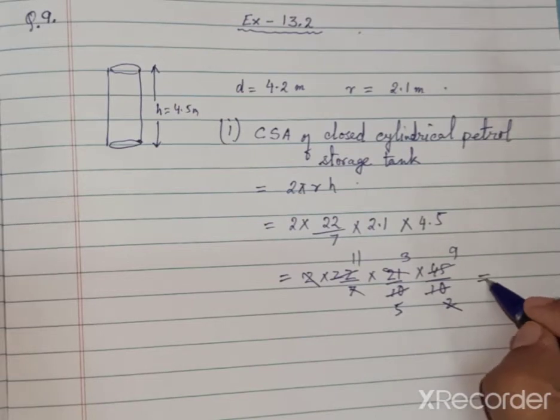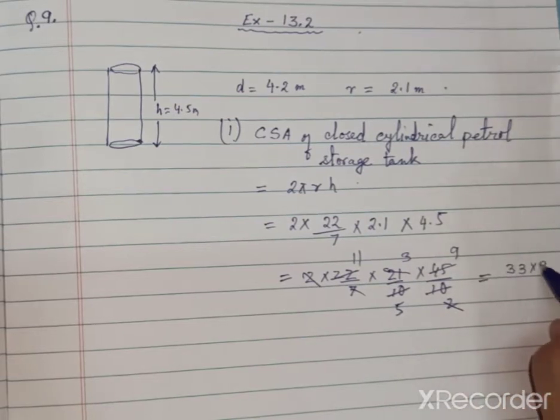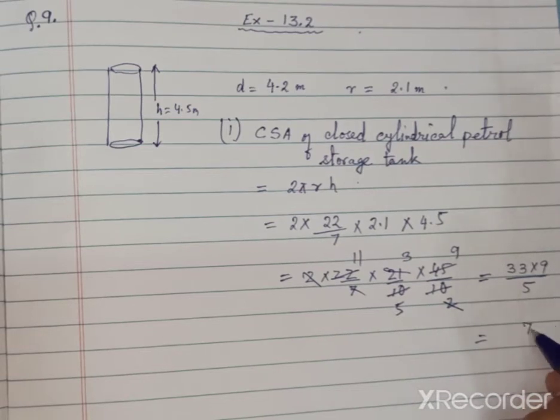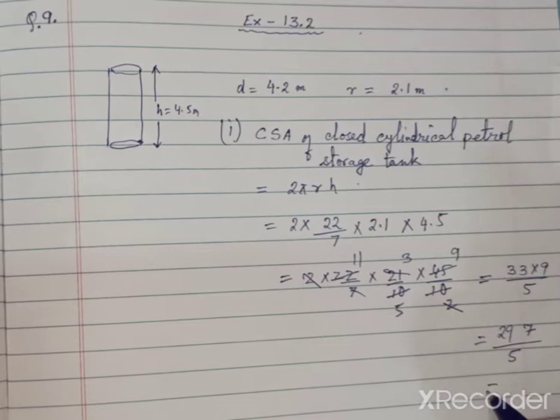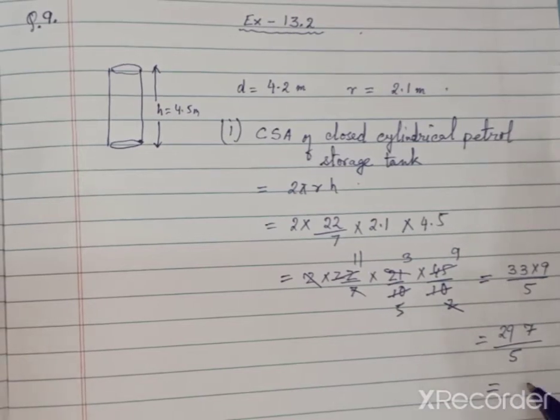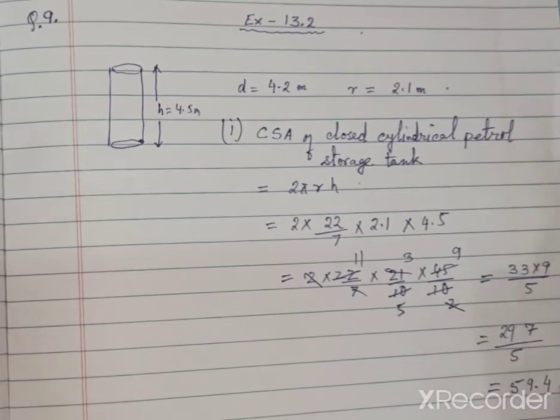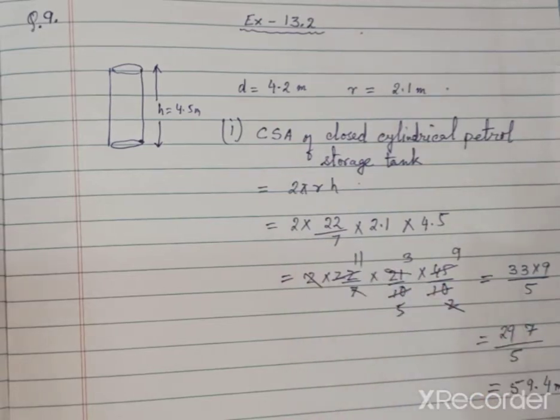So what we will get here, 33 into 9 by 5, that is 297 by 5, and that becomes 59.4. If you divide, then 59.4 meter square will be the CSA.